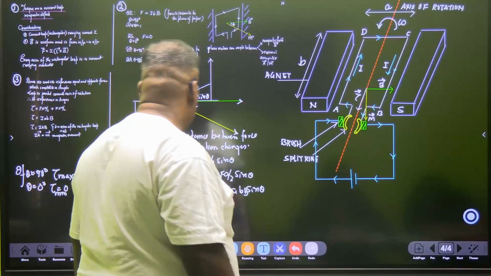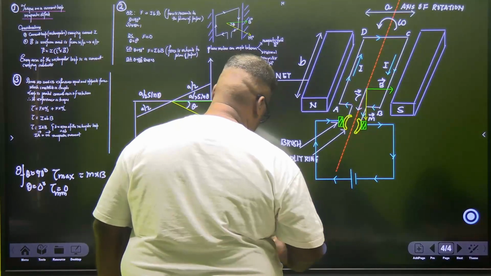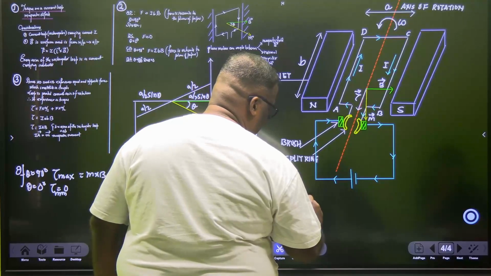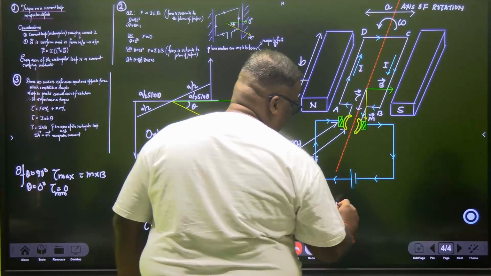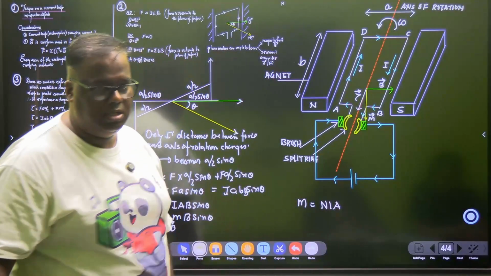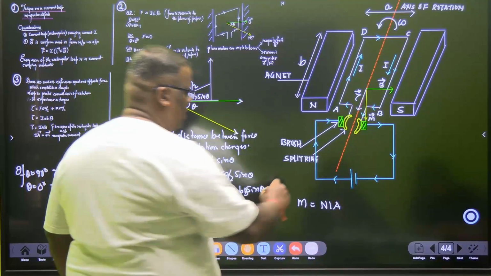If your coil has n turns, then your magnetic dipole moment, which was IA, will now become NIA. What was IA becomes NIA.